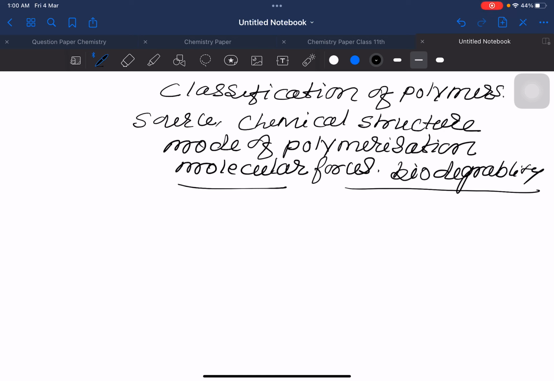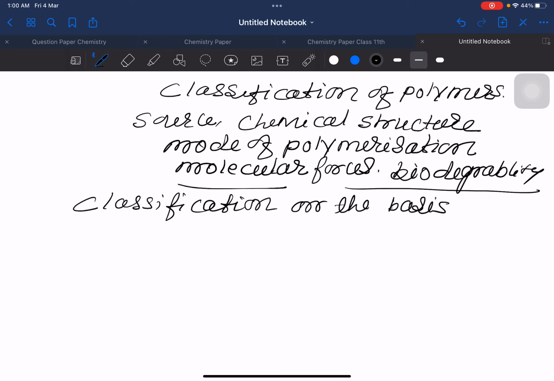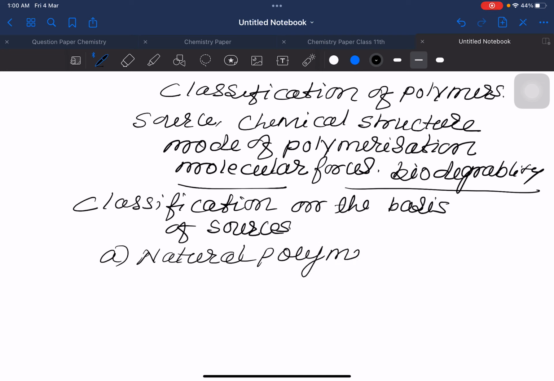Classification of polymers on the basis of source. First are natural polymers, obtained from natural sources.